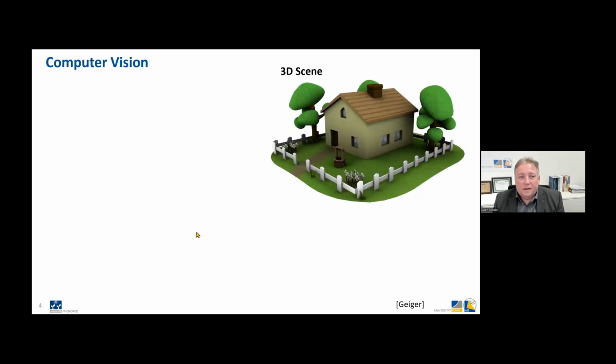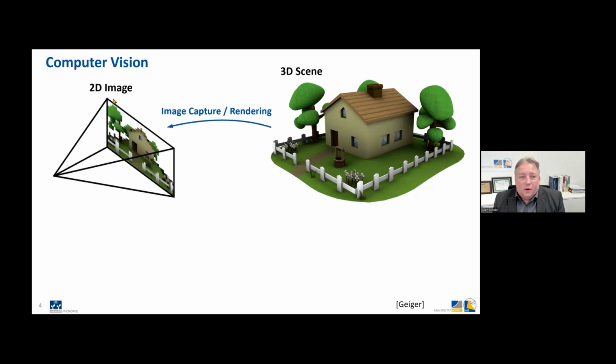And in general, if you look at camera-based understanding of the environment, you have a 3D scene. And you may take an image of the scene, or you may render an image from that scene. And then what you get is a projection, a two-dimensional image, or maybe multiple of these. And it's just a matrix of numbers.